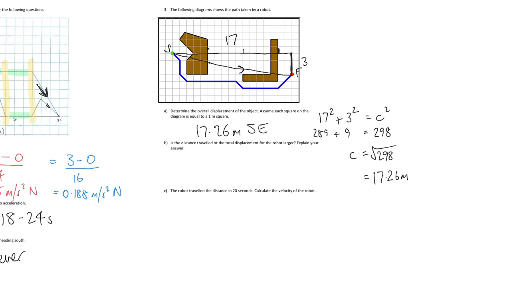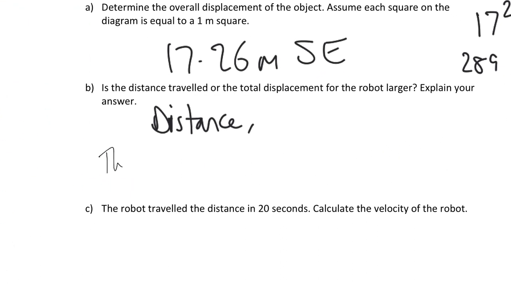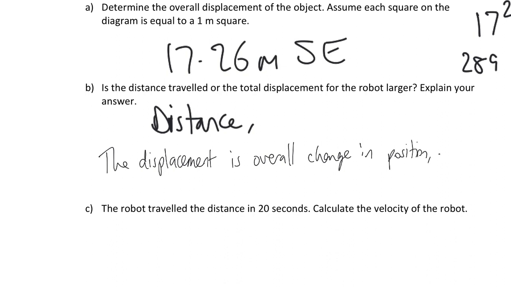Right. So, is the distance traveled or the total displacement of the robot larger? Okay, it is the distance. Why? Because the displacement is overall change in position, regardless of where it went before.